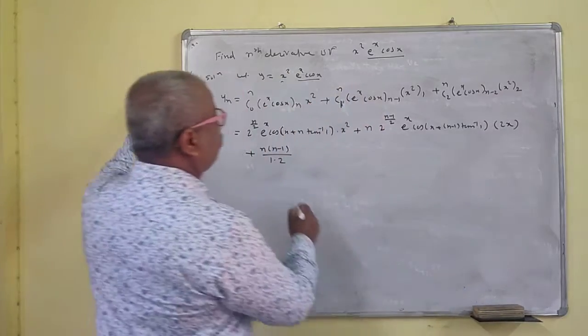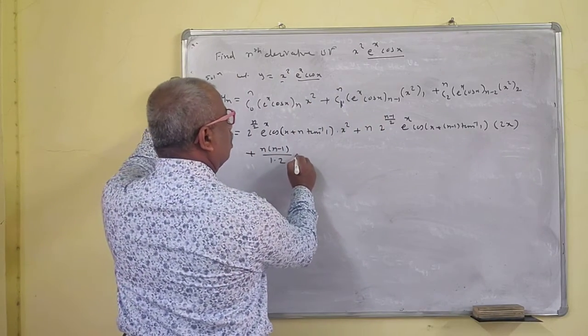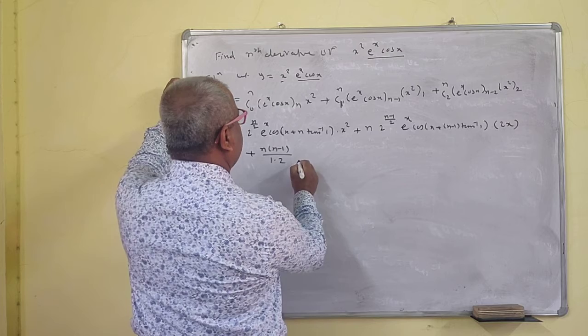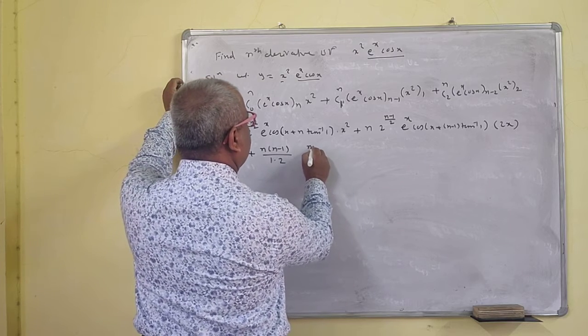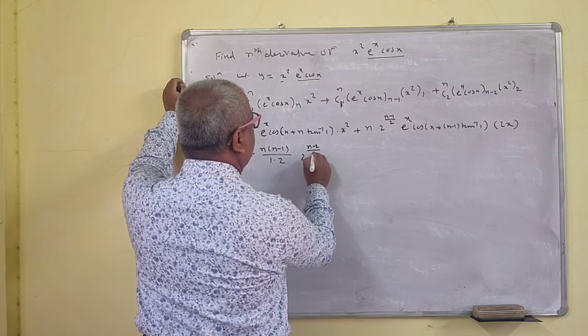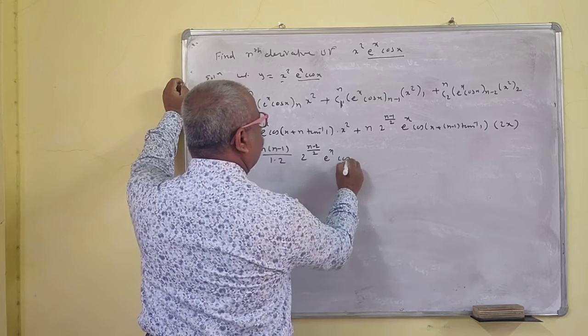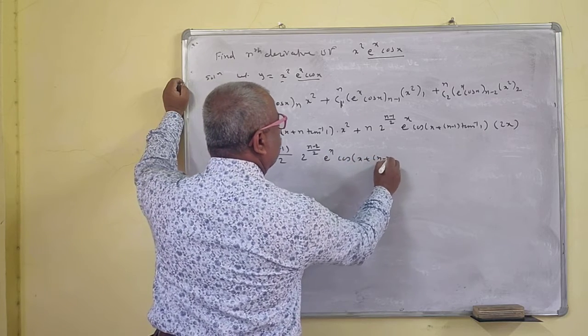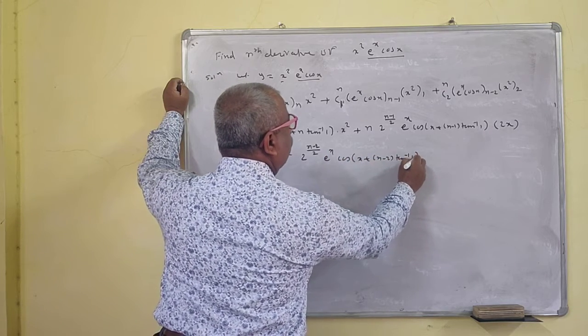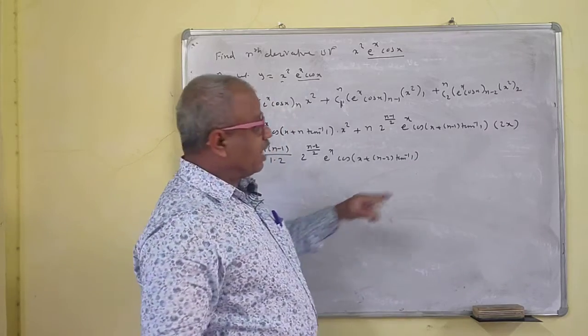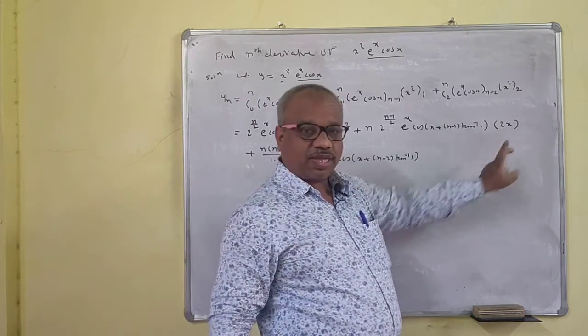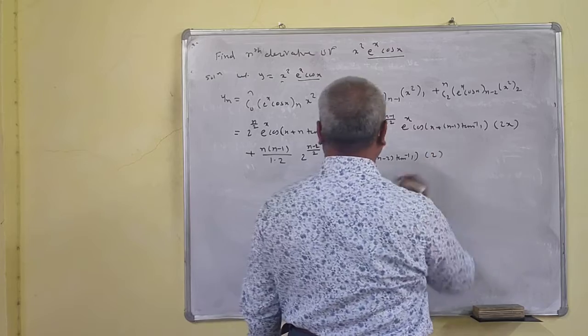So nC2, again this is nC2. Okay, e raised to, so that is 2 raised to n minus 2 upon 2, e raised to x cos of x plus n minus 2 tan inverse of 1. And the second derivative of this, that is the first derivative of twice x, is 2.